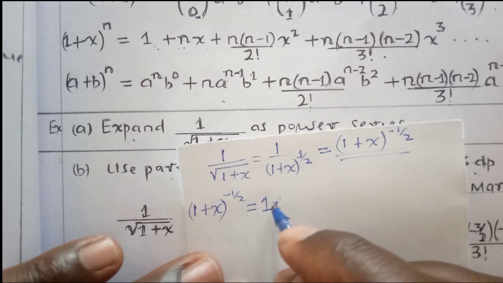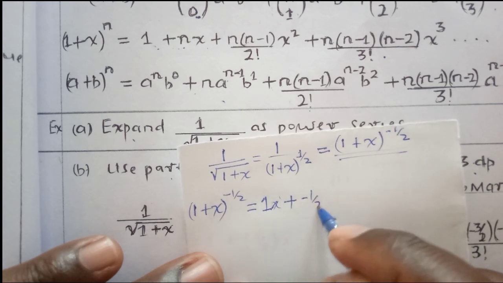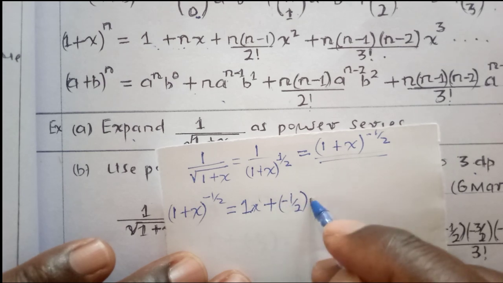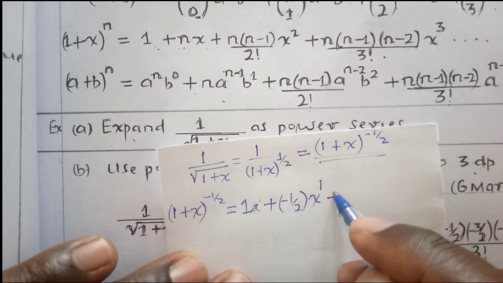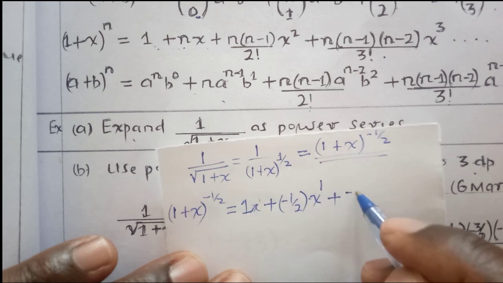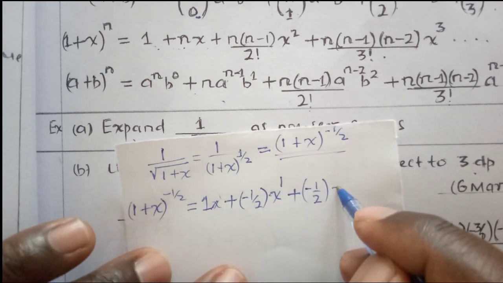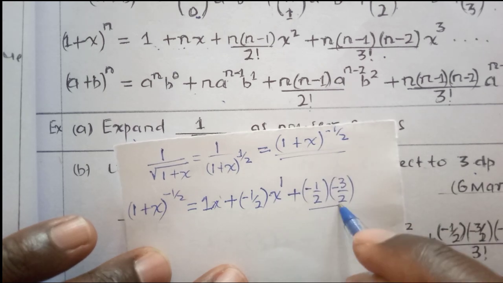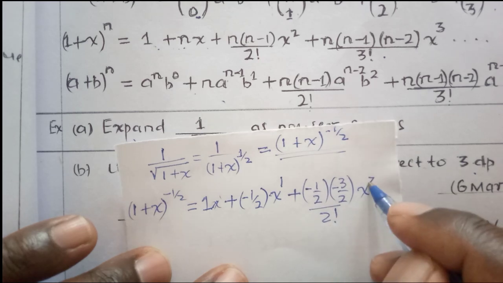So we'll have 1 plus negative a half, then x raised to 1, plus negative a half times negative 3 over 2, with the 2 factorial there, and x raised to 2.